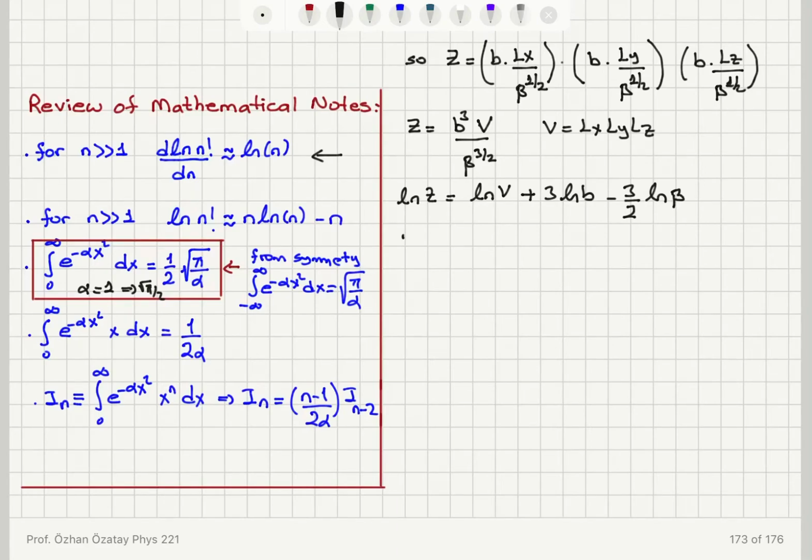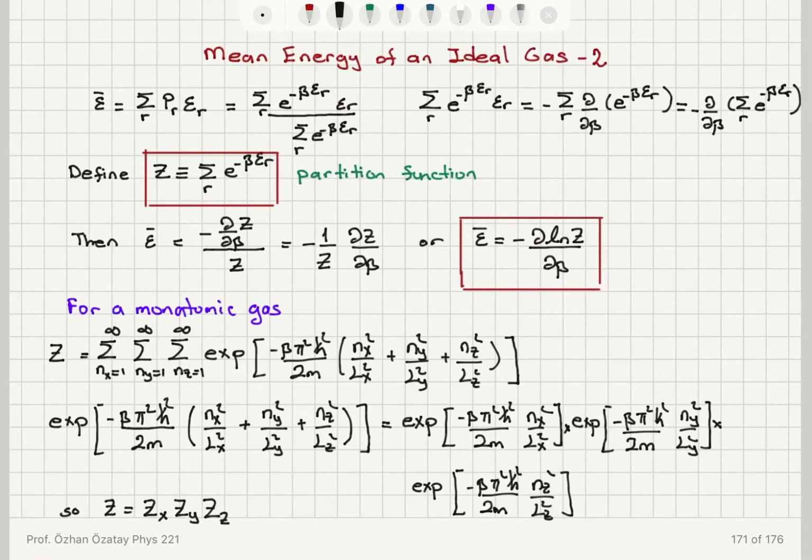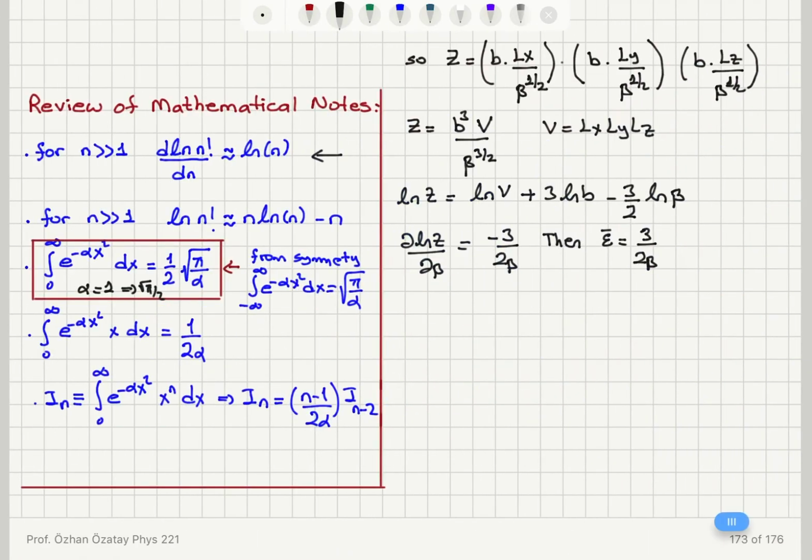And if I calculate the derivative of natural logarithm of Z with respect to beta, I will get minus 3 over 2 beta. Therefore, I will have for epsilon bar, mean energy per molecule, 3 over 2 beta. Because remember, epsilon bar was given by minus partial ln Z partial beta. So there's a minus sign. So it's 3 over 2 beta.